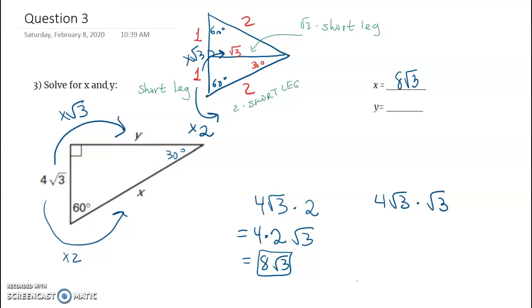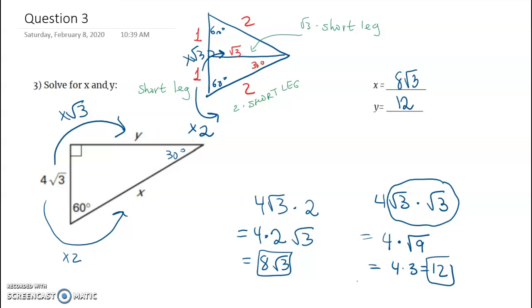So now you have 4 is rational, square root of 3 is irrational, and the second square root of 3 is also irrational. So now I'm going to multiply these two numbers together, and 4 is just going to be there by itself. So 4 times square root of 9, which is just 3, and that also gives me 12. And then that's pretty much it.